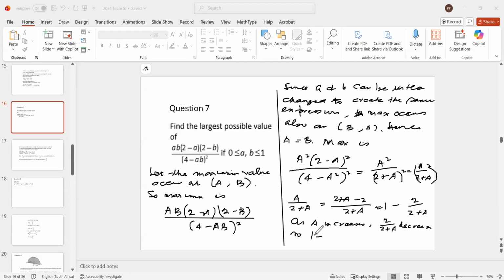And if you add 1 to it, that is also increasing. So this increases. So the maximum value occurs when a is as large as possible, right? And the largest value of a... this kind of argument is not easy for high school students, but it's useful to learn it.